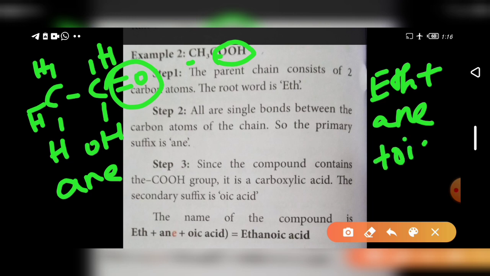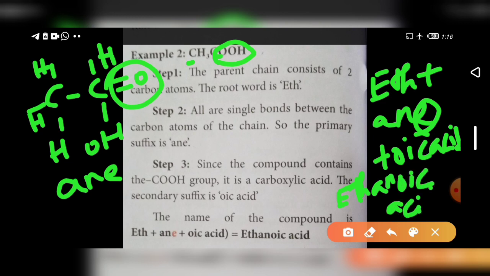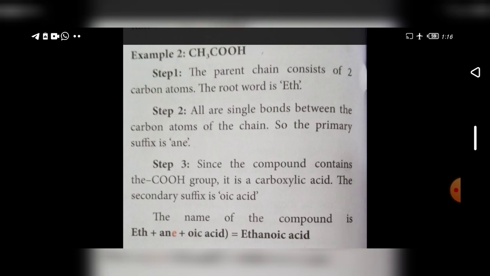Instead of e, you add oic acid. So the name of the compound is ethanoic acid. That's all. I think you have to understand this one very well.